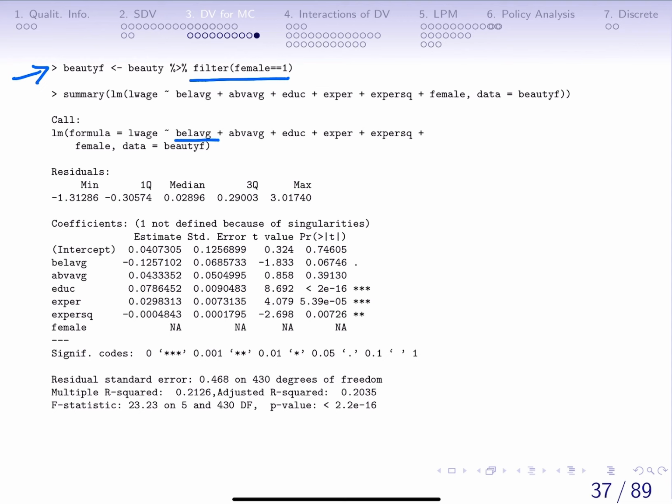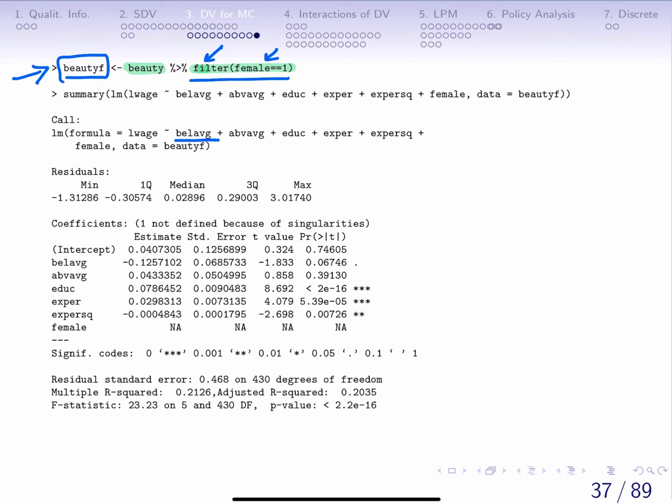One, you could take the data set and use the pipe operator on it and then use a row-wise operator called filter, which is a command that filters out whatever the condition is in the parentheses, right? So here we're saying filter females equals 1, and then store that into beauty females.